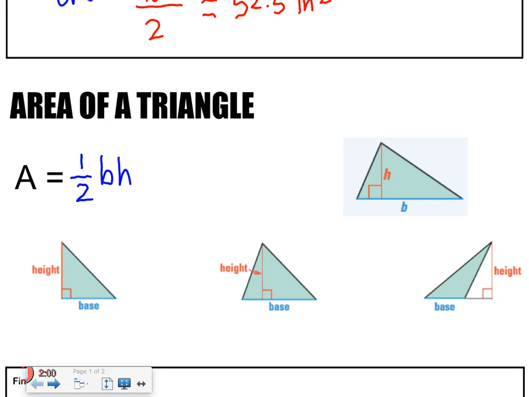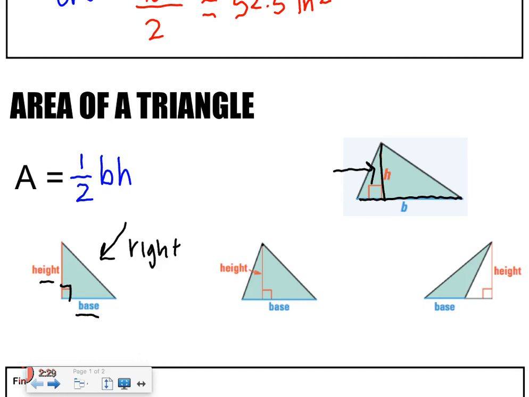So in this example here, here's our base, and there's our height. And normally that's how we'll see it. Normally your height will fall inside your triangle, but sometimes it doesn't. Sometimes when it doesn't, it's going to look like this. If you have a right triangle, remember that's when there's a right angle, the legs of your right triangle end up being your base and your height.